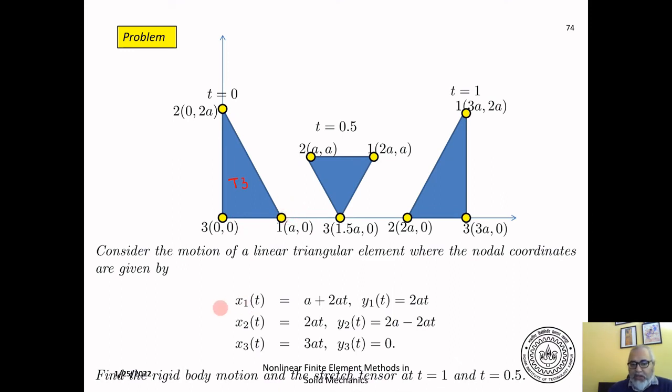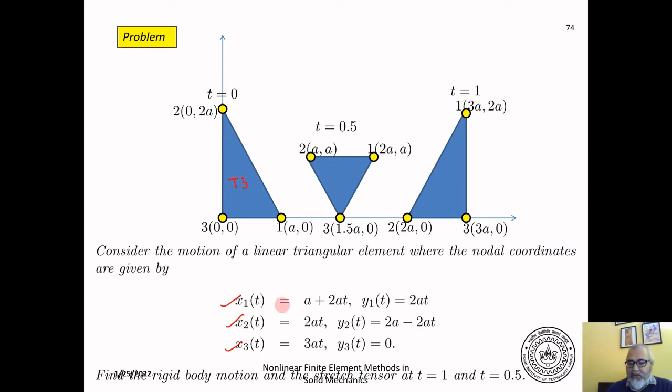So x1 and y1 have time dependencies given by this, x2 and y2 by this, and x3 and y3 by this for this particular triangular element, and I am supposed to find the stretch tensor at each of these time points, t equal to 0, t equal to 0.5 and t equal to 1.